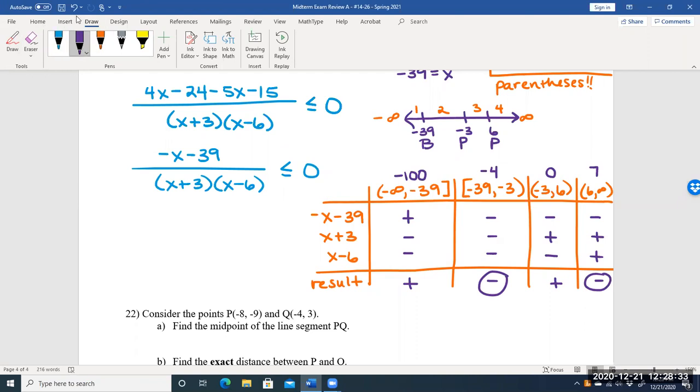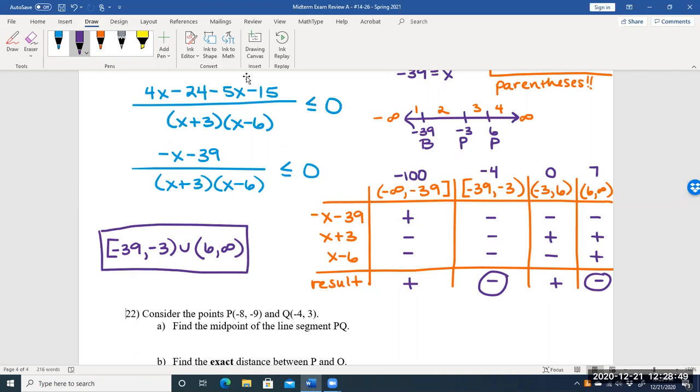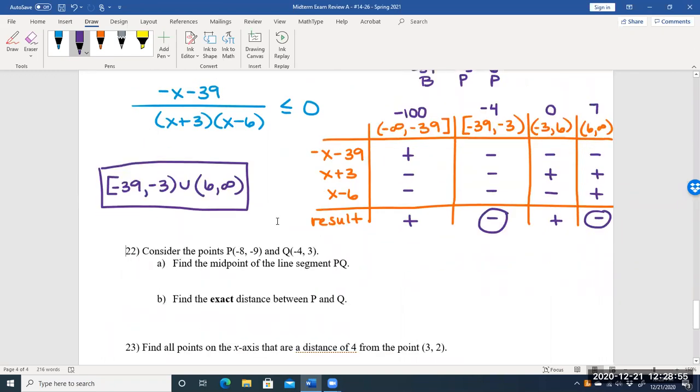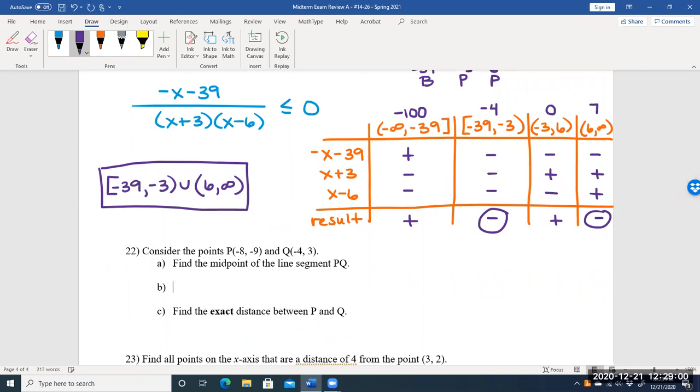And so finally, our solution set looks like it's from -39 to -3, union 6 to infinity. And the only bracket that we have is by the -39. That is the critical number that came from the numerator. That one is allowed a bracket. The two critical numbers from the denominator need parentheses.